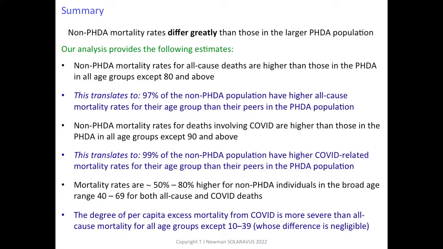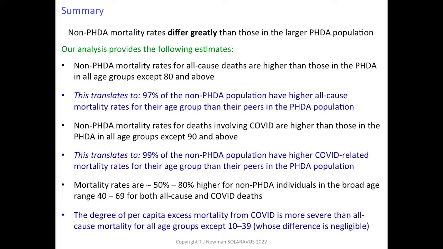A slightly more subtle point is that the degree of excess mortality from COVID is more severe than the all-cause mortality for every age group except the very youngest, where the difference is negligible. This stark excess is always worse for COVID-related deaths than it is for the all-cause deaths figure.